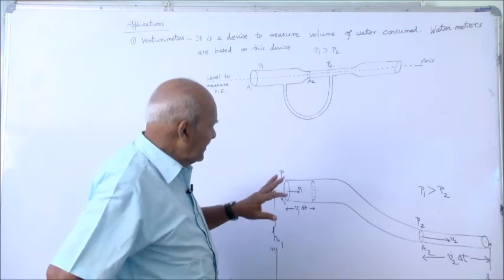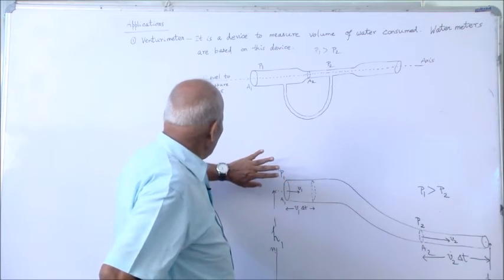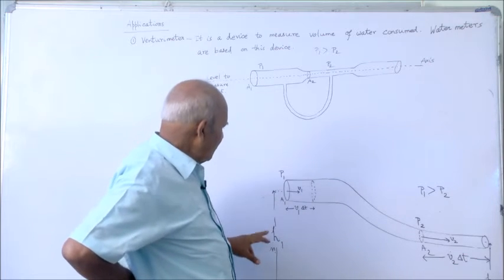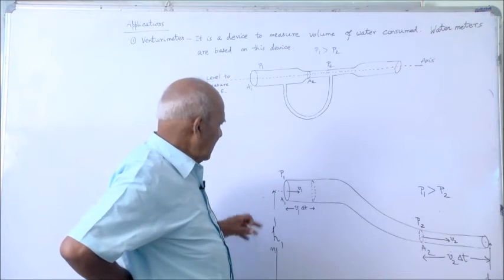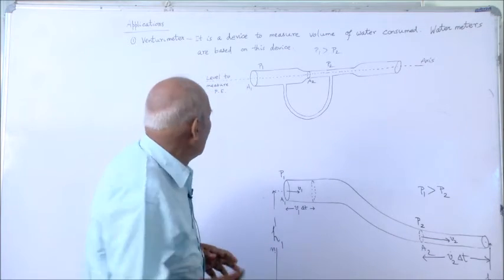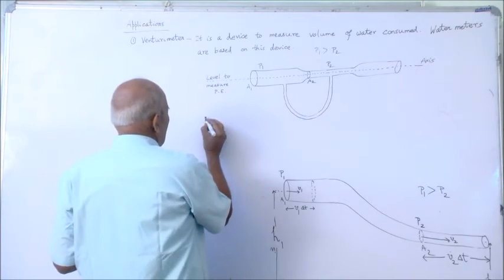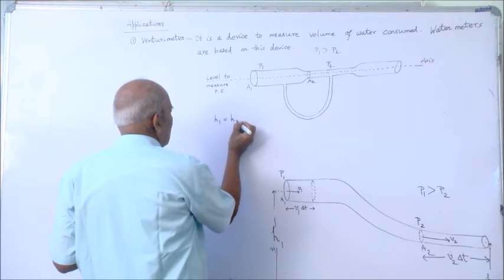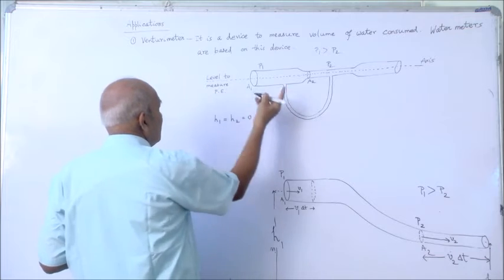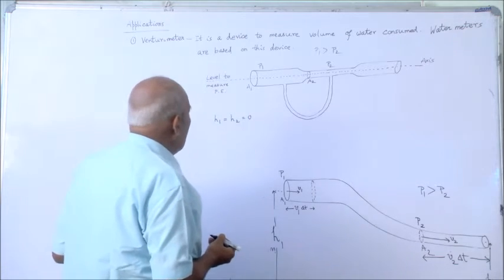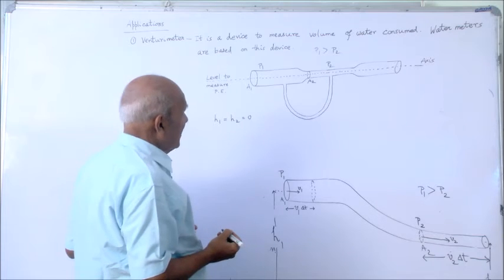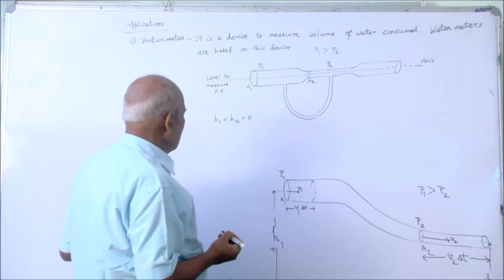If the axis itself is the level to measure potential energy, then what happens to H1 and H2? They will be simply zeros. So, H1 is equal to H2 is equal to 0. Once we choose this type of level to measure the potential energy as the axis itself, H1 is equal to H2 is equal to 0.